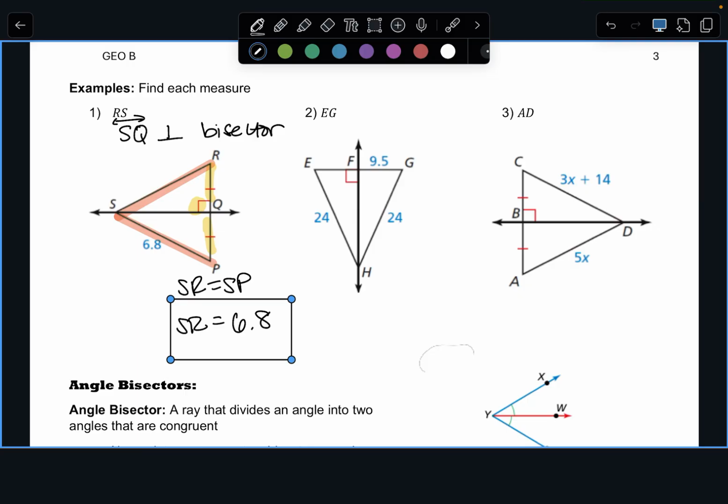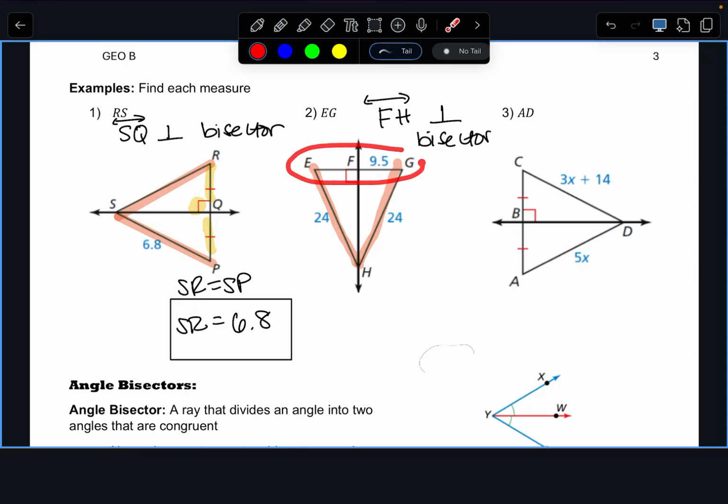Over here, on the next one, we're told that those two lengths are equal. So, if those two lengths are equal, by the converse, what type of segment or line is FH? Yeah, it's not a trick question. We've only learned one. Perpendicular bisector. Because these segments are equal. So since our 24s are the same, it's a perpendicular bisector.